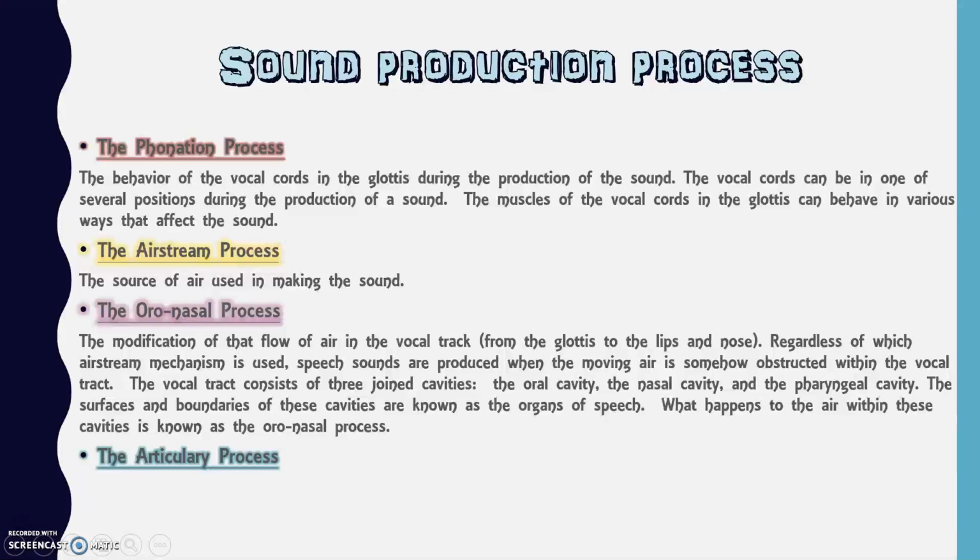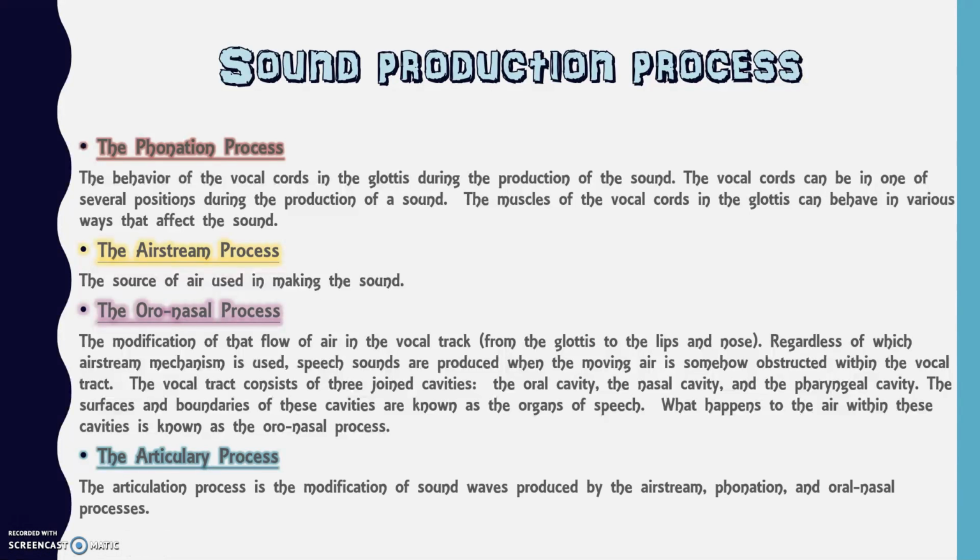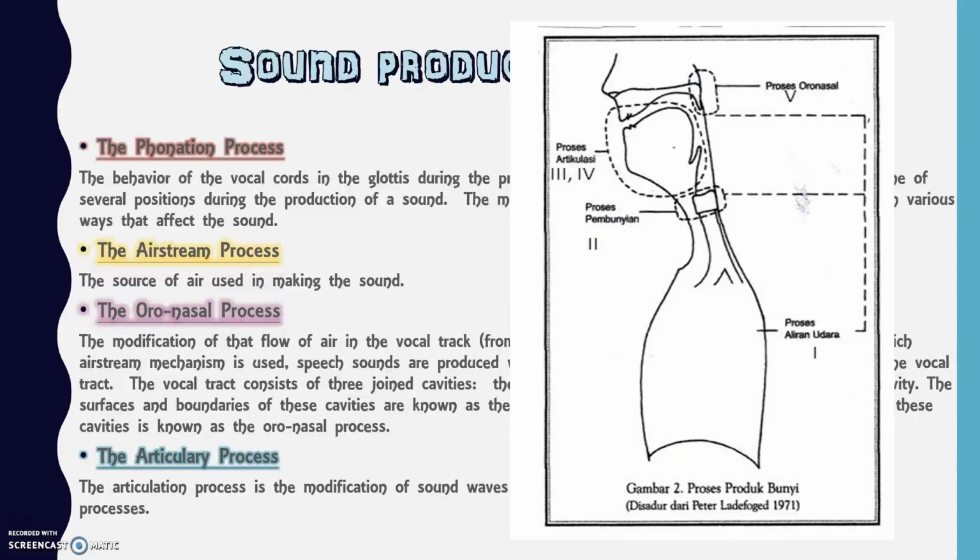And next is the articulatory process. The articulatory process is the modification of sound waves produced by the airstream, phonation, and oronasal processes. And here are the pictures. You can look at it.